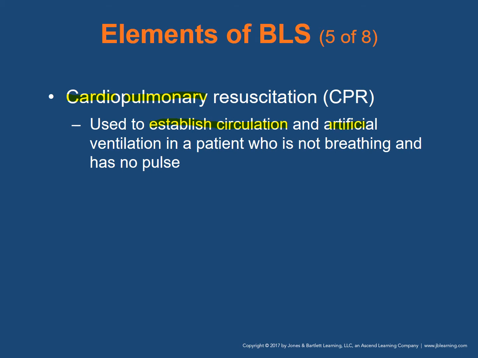And artificial ventilations, in reference to using the BVM to ventilate the patient, introduce high concentrations of oxygen into the lungs so that that oxygen may move into the bloodstream so that we can circulate. If we put these two together with chest compressions and ventilations, we are now circulating oxygenated blood flow through the body.